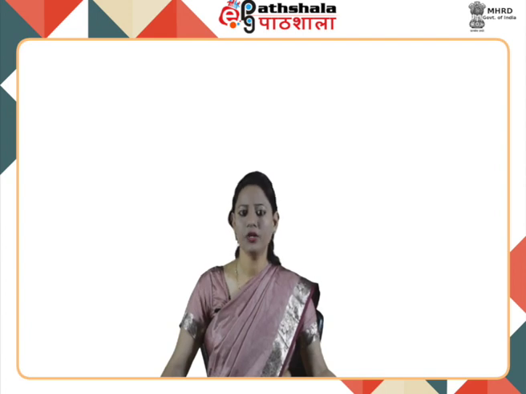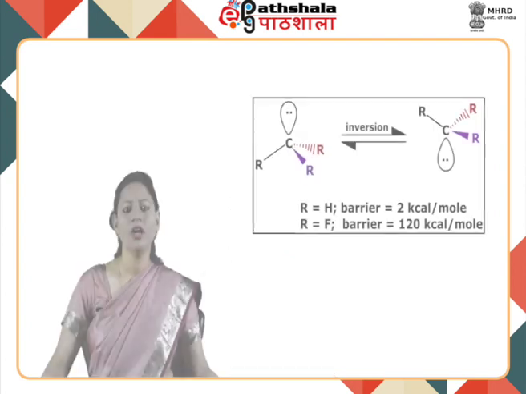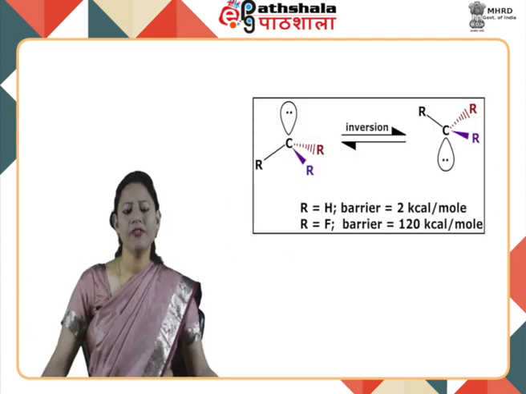The higher energy barrier for trifluoromethyl carbanion is due to the higher electronegativity of the fluorine atom, which is more stabilizing than a hydrogen atom. Here you can see if R is equal to H, then it is a methyl carbanion and the inversion barrier is 2 kilocalorie per mole, while if it is fluorine, the trifluoromethyl carbanion has a 120 kilocalorie inversion barrier.